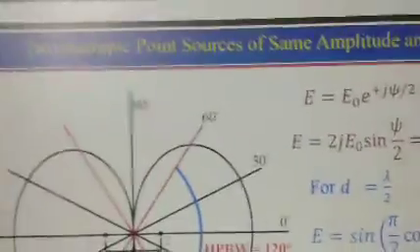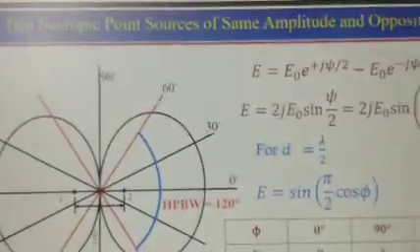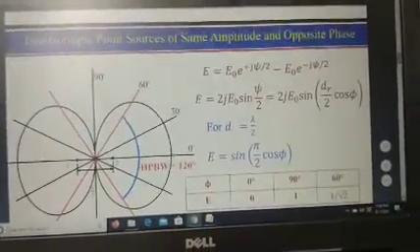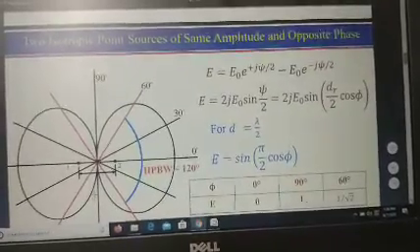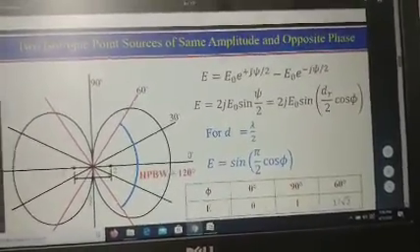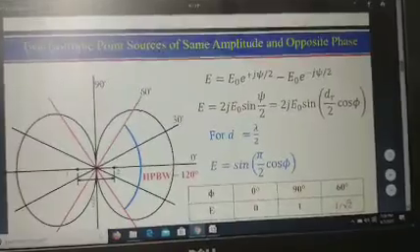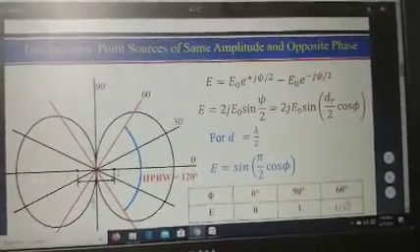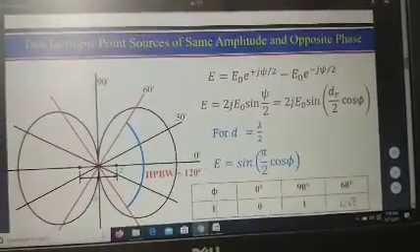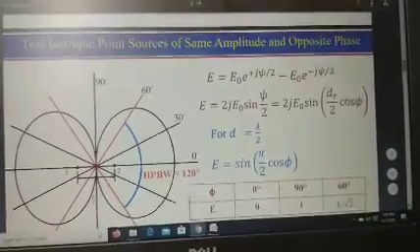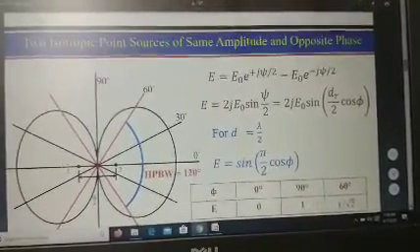For the next case, there are two isotropic point sources of the same amplitude and opposite phase. The resultant electric field E equals E0 e raised to plus j psi by 2 minus E0 e raised to minus j psi by 2.